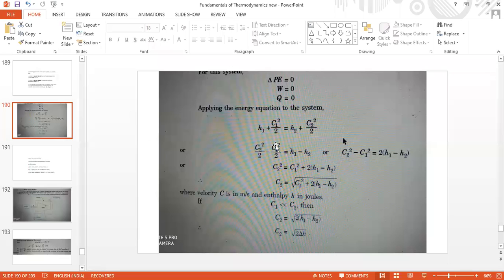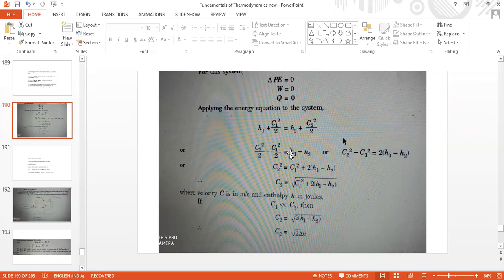So these terms are given. C2 is 500, C1 is 50, and enthalpy at inlet you are required to find because pressure and temperature at inlet are given. How it can be found, we will see from steam tables which will be supplied to you in the examinations also, both in the internal as well as university examinations.